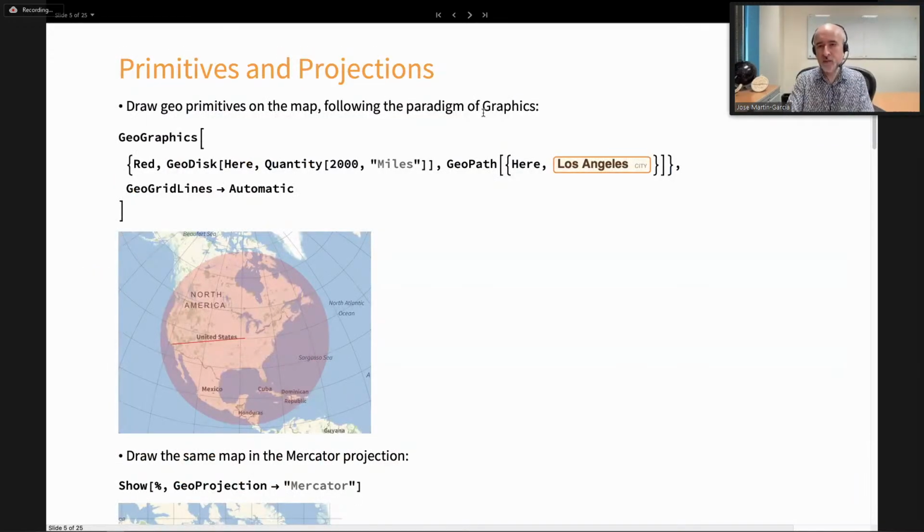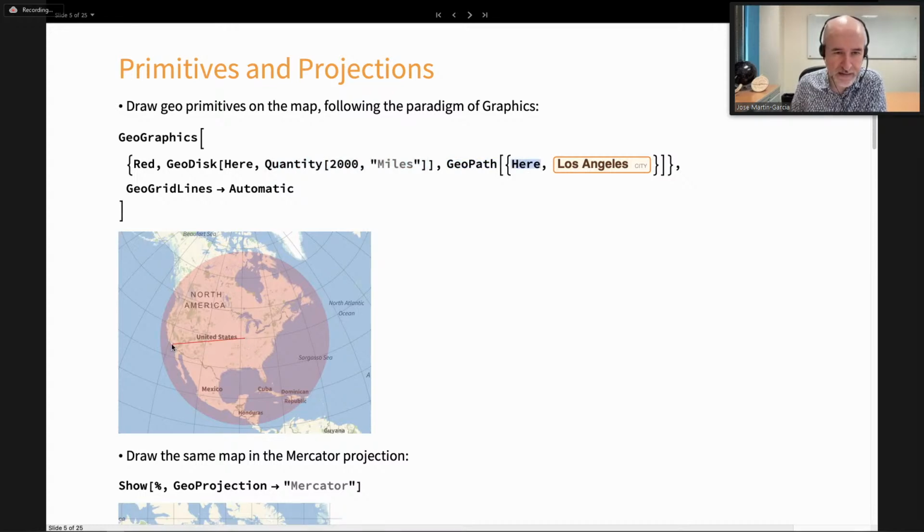And now let's quickly see as well how to place things on the maps. So these are things we call primitives. So for example, in these maps, we are going to draw a red GeoDisk, this one, centered here, our location, with a radius of 2,000 miles. And then we will draw a GeoPath, a geodesic, that goes from here to Los Angeles.